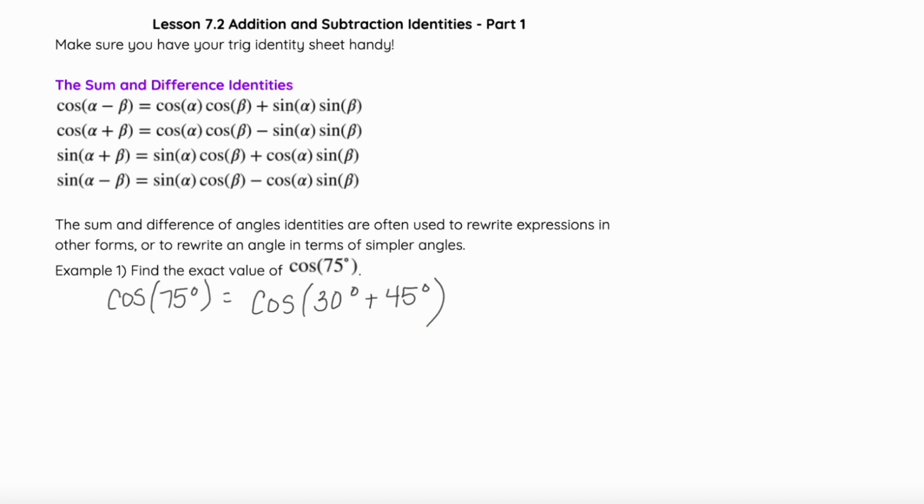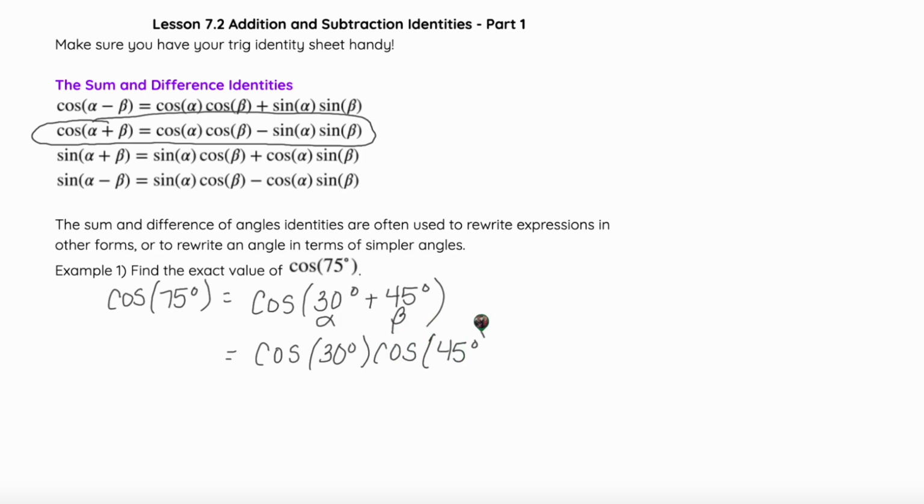So now I've rewritten it such that I've got the sum of two values within cosine. So I can utilize the sum and difference identity to expand it, utilizing terms that I do know. So I'm going to let 30 degrees be our alpha and then 45 degrees be beta. This is then the same thing as cosine of alpha, or 30 degrees, times cosine of beta, or 45 degrees.